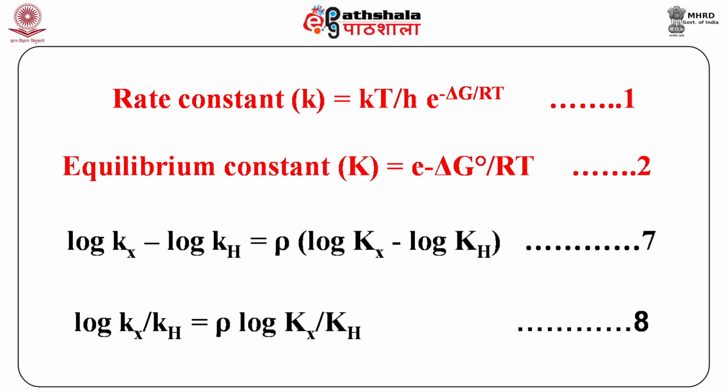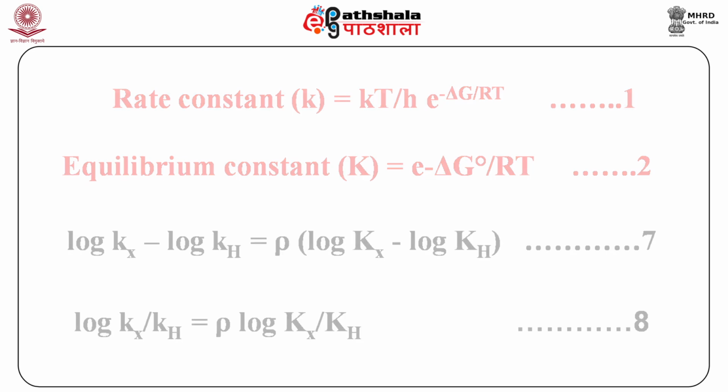Now this becomes log kx upon kh is equal to rho of log Kx upon Kh. Now the small k terms are on one side, whereas the ones associated with rho are the capital K terms, as you can see from the equations.